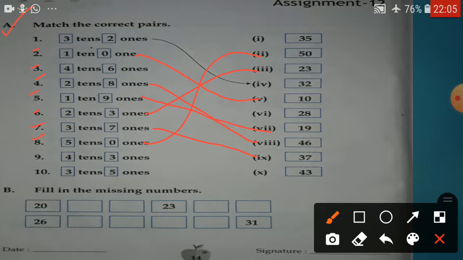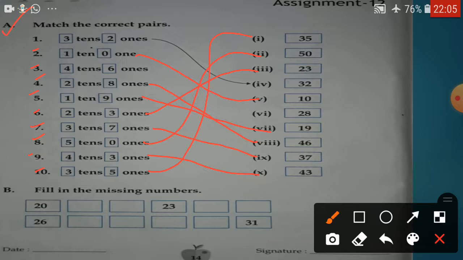Number 9, 4 tens 3 ones, 43. Okay. 3 tens 5 ones, 35. Okay.